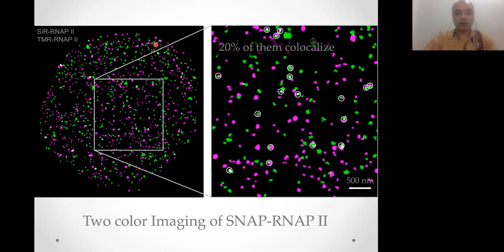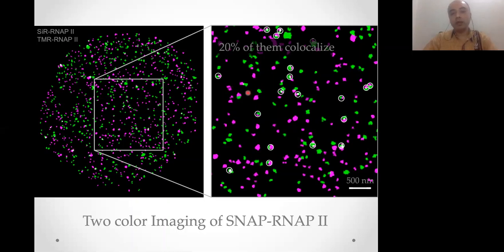Okay, and then we would try and do controls, try to show that whenever you get a random co-localization of 2 molecules, you can easily predict those just by random distribution of each of the RNA polymerases. So in this case, the RNA polymerase has been labeled with 2 different dyes, right?